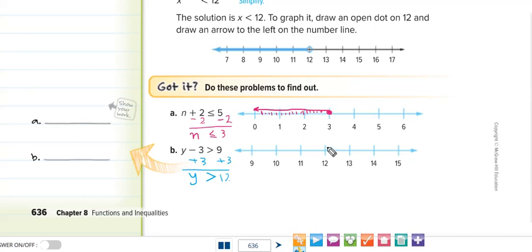Means you go for 12 and you make an empty circle because we don't have or equal sign. This is 12, of course. And we are going to the right. Why? Because y is bigger than 12. So bigger than 12 means 13, 14, and so on.